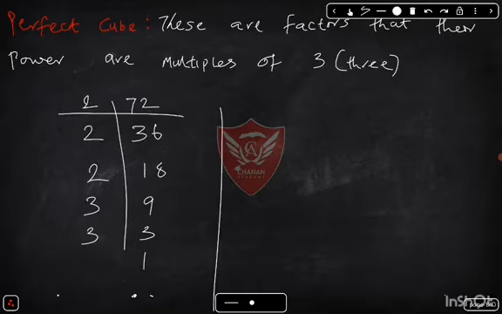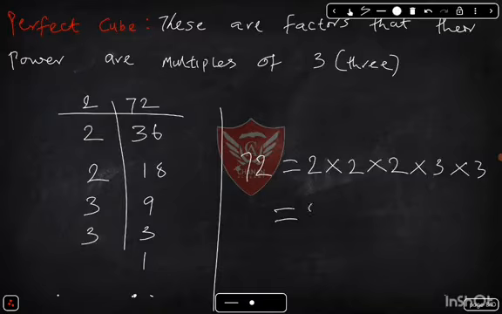So the factors of 72 are 2 multiplied by 2, multiplied by 2, multiplied by 3, multiplied by 3. And that can also be expressed as 2 raised to the power of 3 multiplied by 3 raised to the power of 2. And if you check, you see that the 2 is raised to the power of 3.